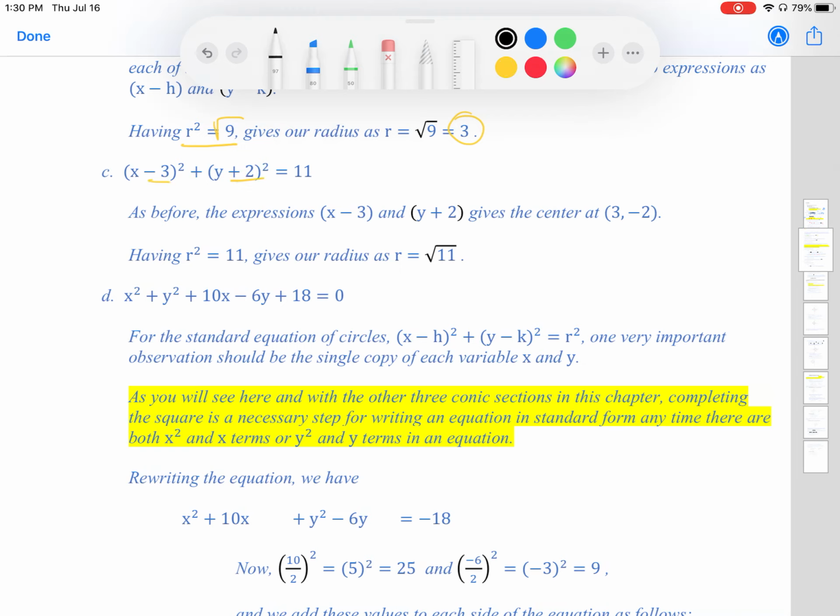So therefore, my center is positive 3 and negative 2. And my radius, well, r squared is 11, so I take the square root. So my radius is square root of 11. If for graphing purposes, you can punch into your calculator and get a decimal answer.